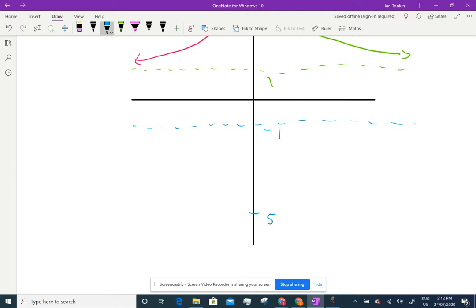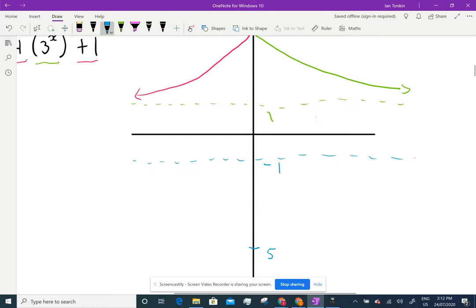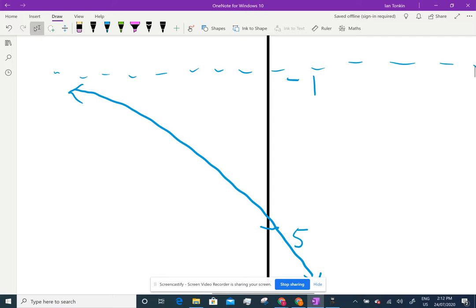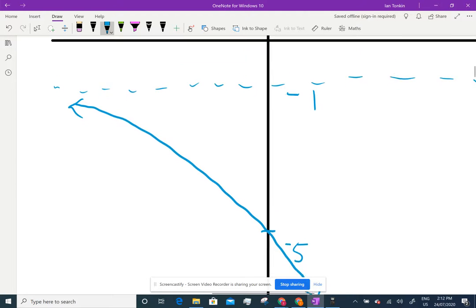There's my -1. And I'm flipping the red curve so it looks like that. So we get that 5 in the right spot. There. And that's -5.